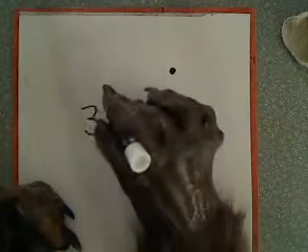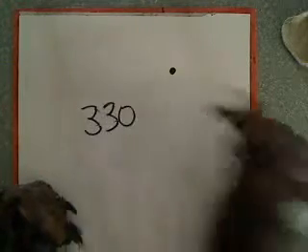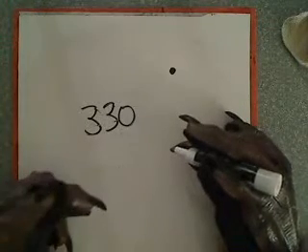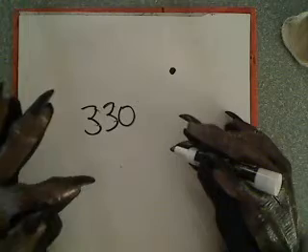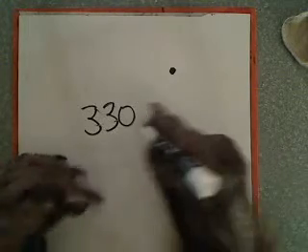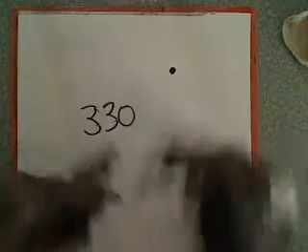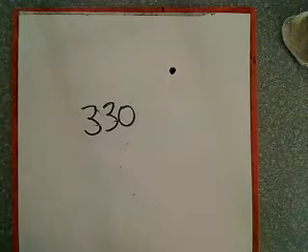The first thing you need to do is find your decimal. A decimal is just a little point. Let me give you a couple examples. You have this number, 330. There is a decimal in that number. Do you see it? It's not here, it's not there, it's actually invisible, but it still has a decimal.